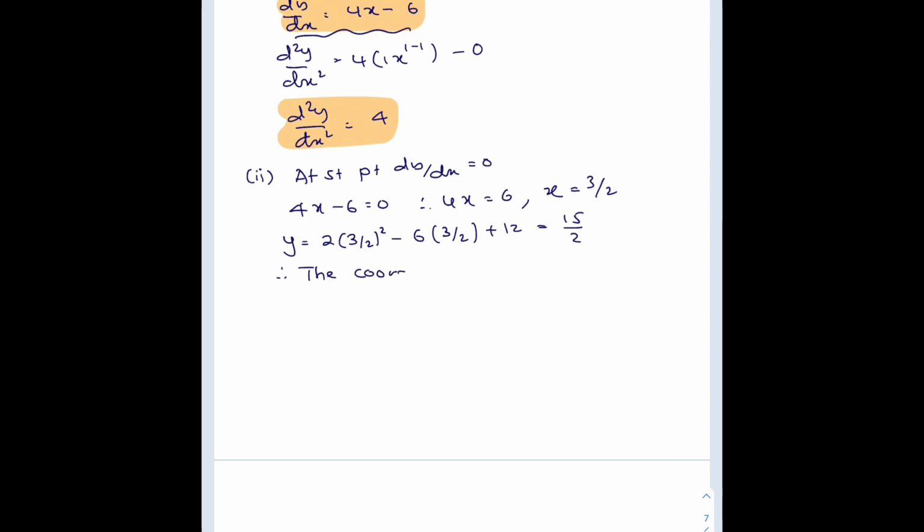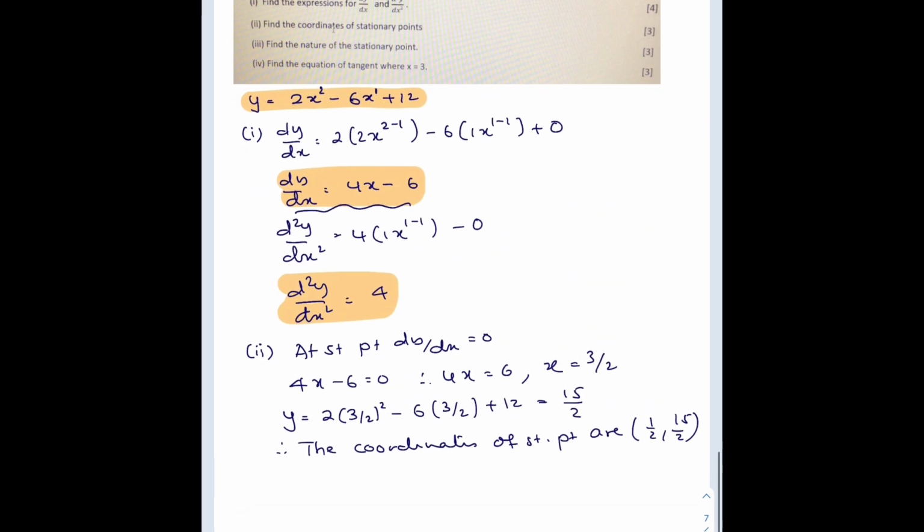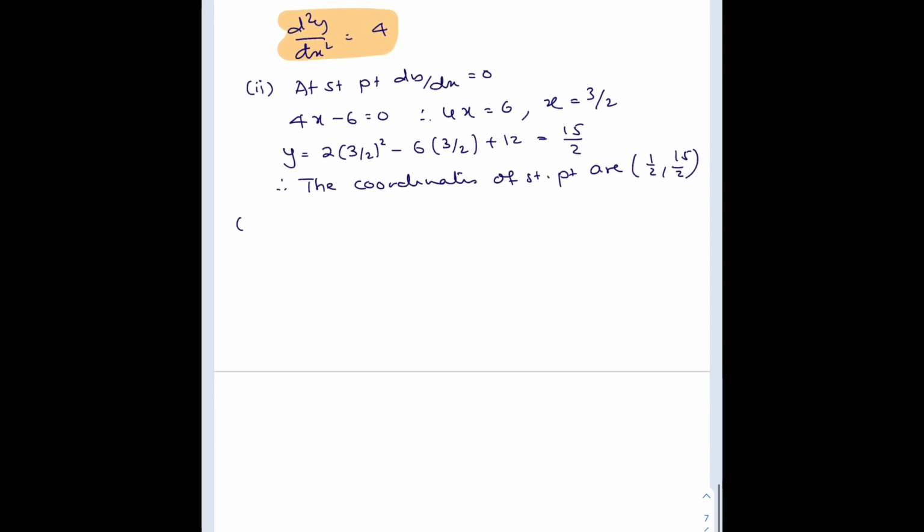All right, so the coordinates of the stationary point are (3 over 2, 15 over 2). Done.